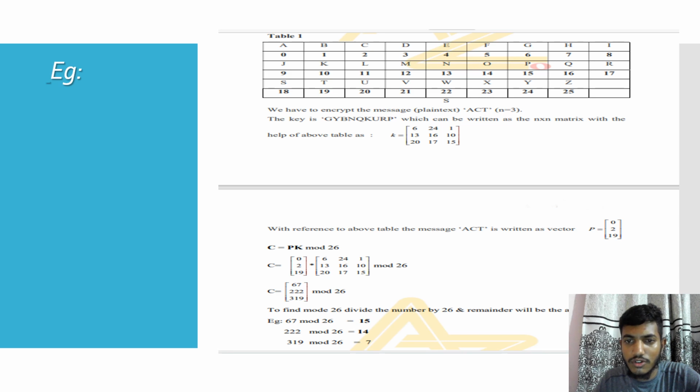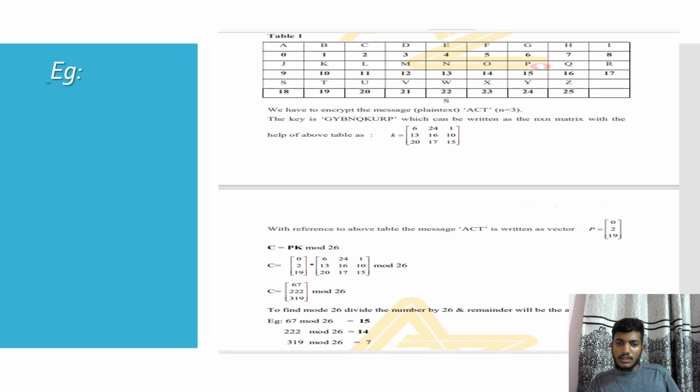This is the 3 cross 3 matrix, and mod 26. If you multiply this matrix, we get C is equal to 67, 222 and 319 mod 26. To find mod 26, divide the number by 26, and the remainder will be the cipher text.